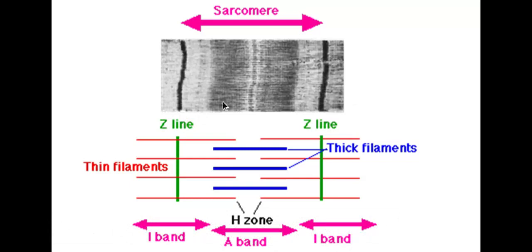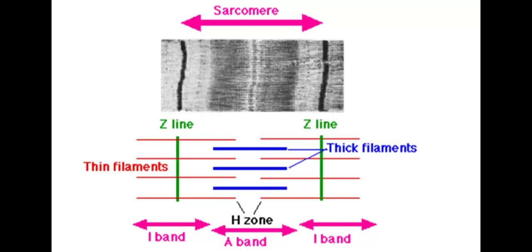In between, this darker stained region is your A band, which has our thick and thin filaments. Then you have this line right here. That's your H zone. The H zone has only thick filaments, only myosin.